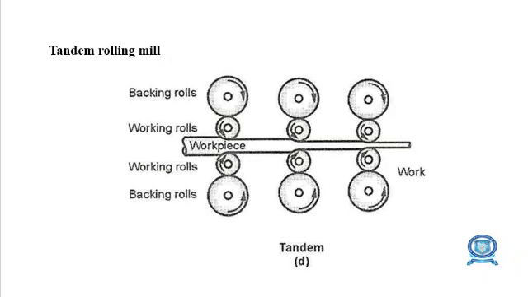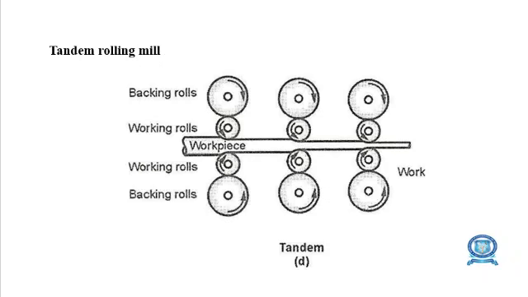Next, tandem rolling mill. It is a set of two or three stands of rolls set in parallel alignment, depending upon the thickness reduction of our workpiece. It is similar to the 4 high rolling mill.